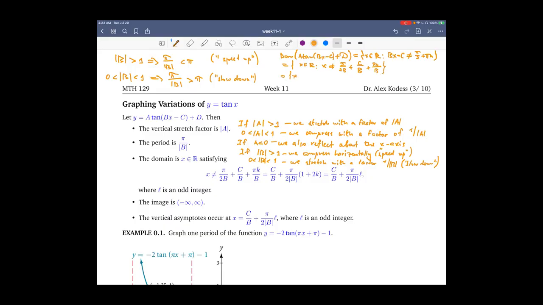And I can simplify this a little. x is different from c over b plus pi over 2b times (1 plus 2n), where n is an integer, which I can write as c over b plus pi over 2b times L, where L is an odd integer. 1 plus 2n is always an odd integer, because 2n is always even, so 2n plus 1 is always odd.